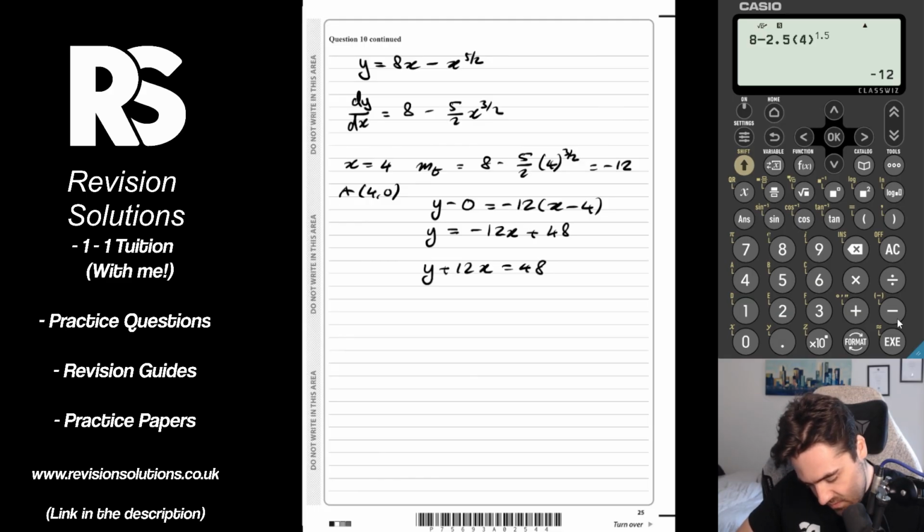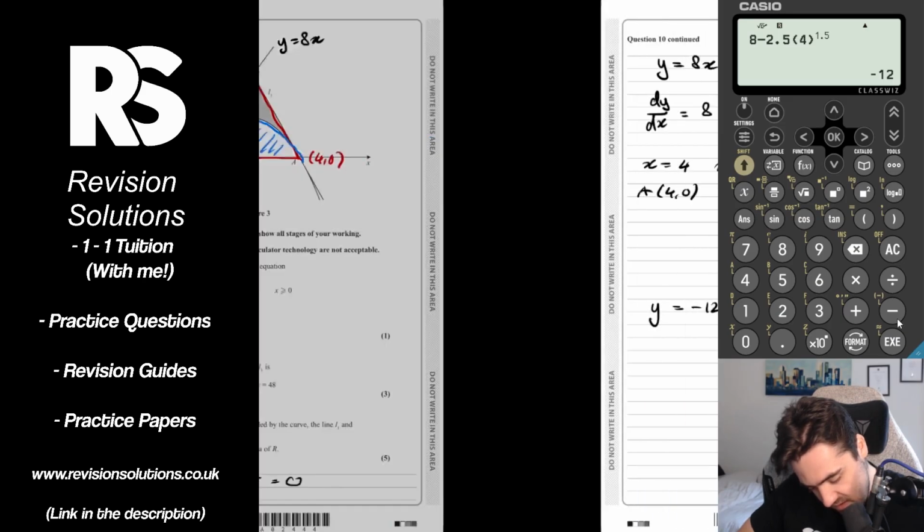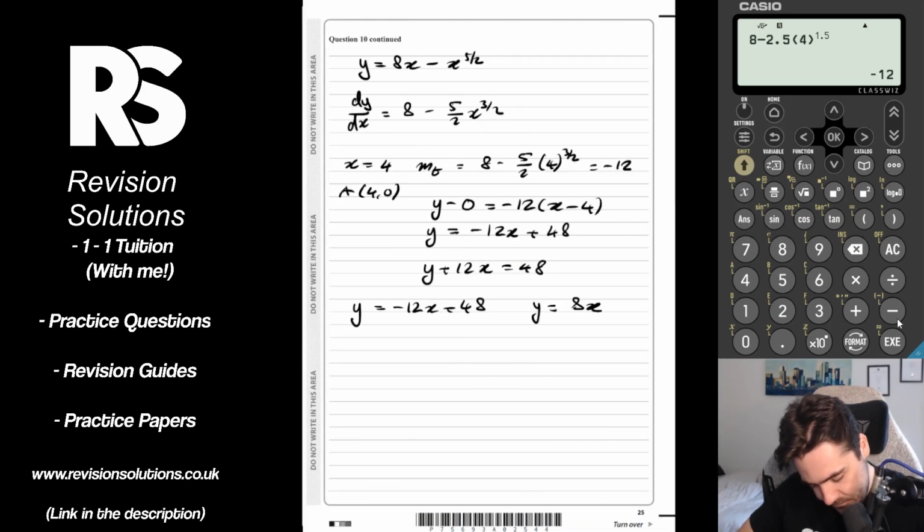So if we go back to this equation, y equals minus 12x plus 48, and we also want to see where it intersects y equals 8x. So we'd have 8x equals minus 12x plus 48. Bring the 12x over, we'd have 20x equals 48.